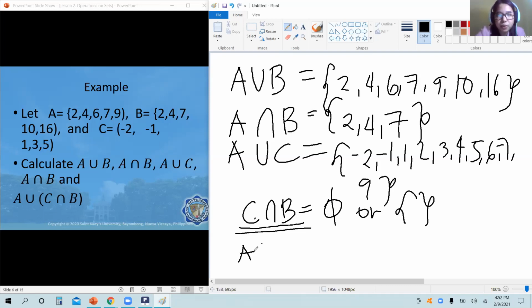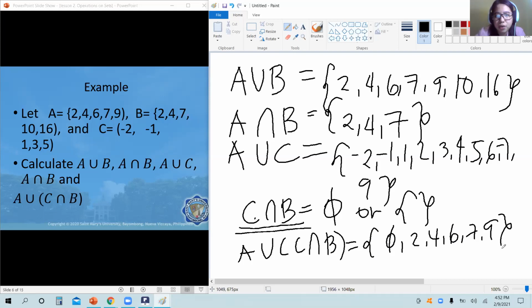This is just combining, so we have 2, 4, 6, 7, 9, or we can simply write this as 2, 4, 6, 7, 9, which is just equal to A. It is understood that all of the sets also contain the empty set, so we can simply write it as 2, 4, 6, 7, 9, or it is equal to A. So A union the intersection of C and B is equal to A.